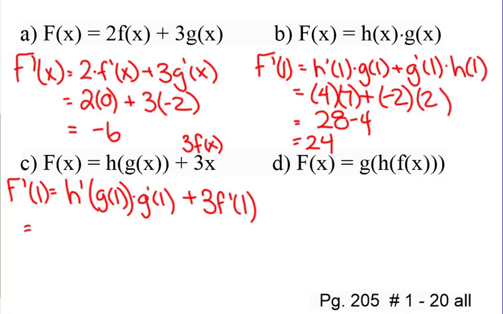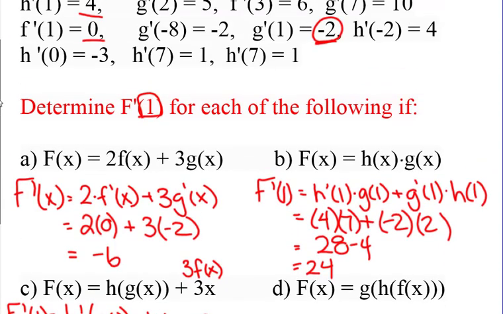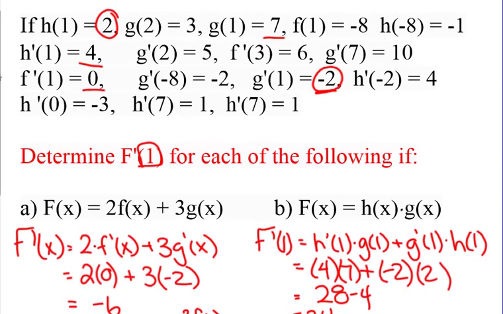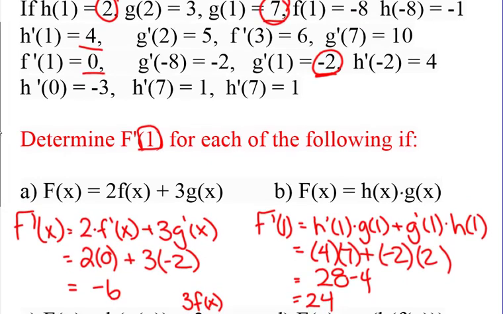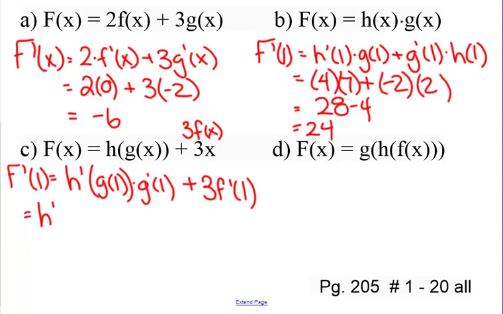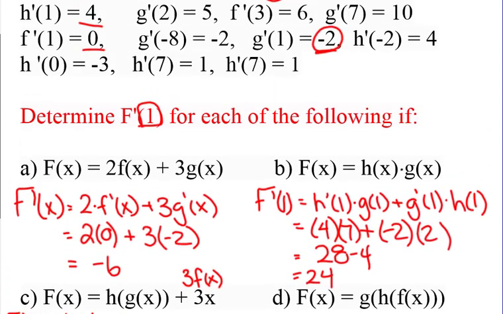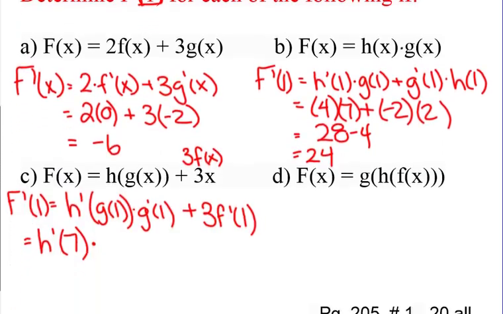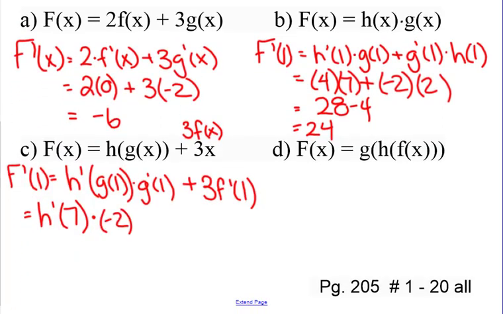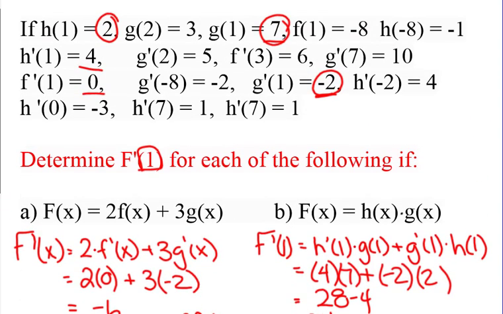Okay, so we're going to slowly add pieces. Well, g of 1 is 7. So h prime of 7 times our g prime of 1 is -2. So that's this piece. Plus 3 times we need an f prime of 1.